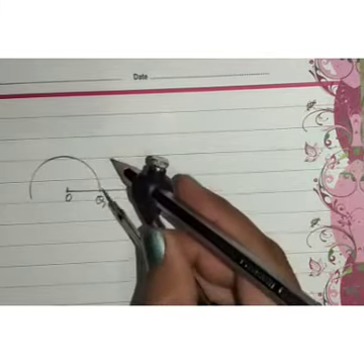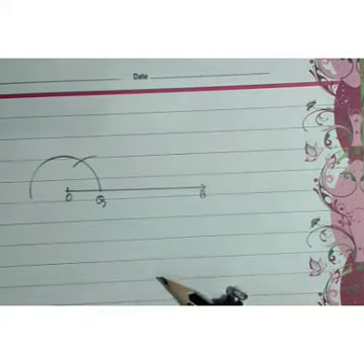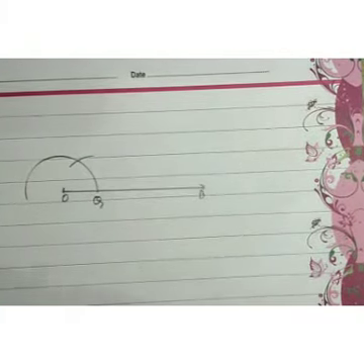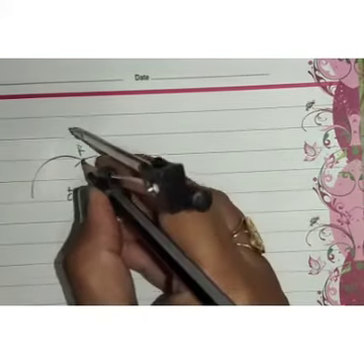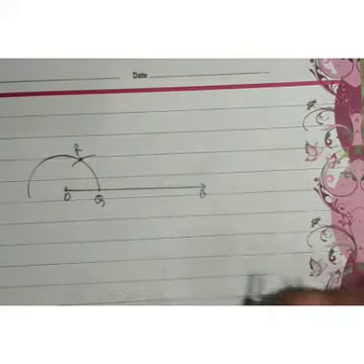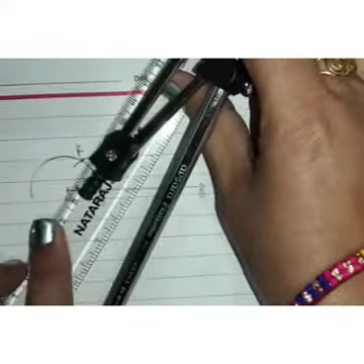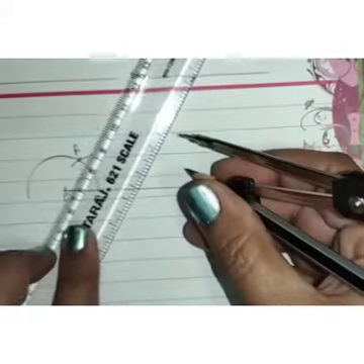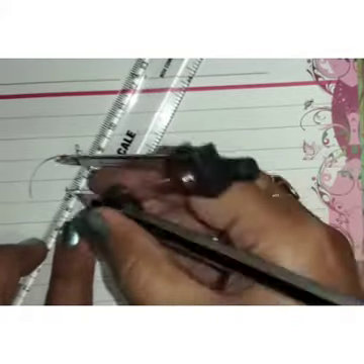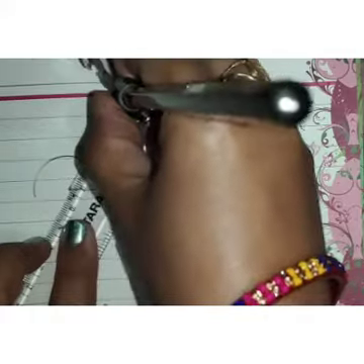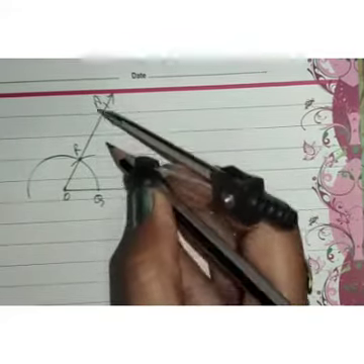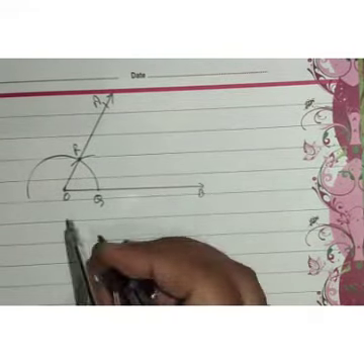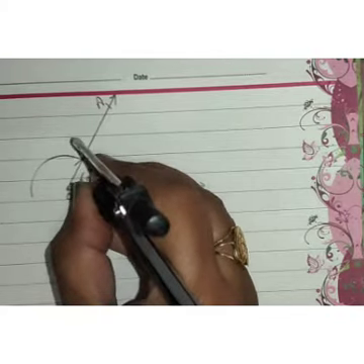Now taking Q as center and same radius, we draw an arc which intersect first arc at point R. This point is R. Now join OR and produce it to A. Thus, angle AOB is the required angle of 60 degree.